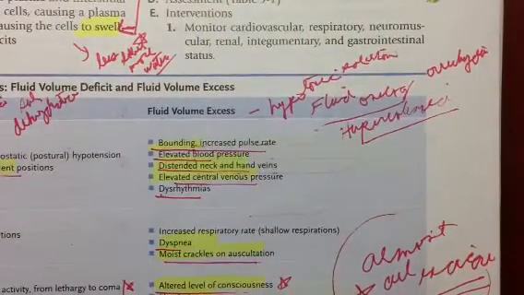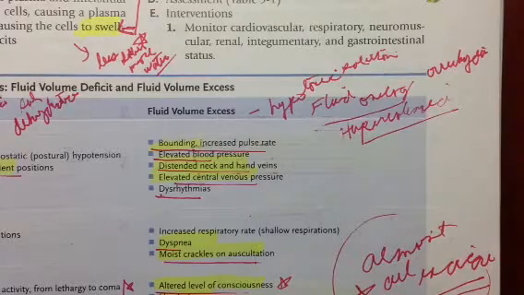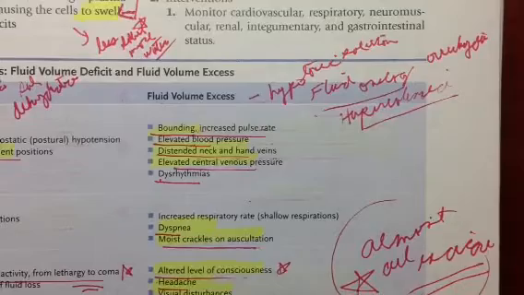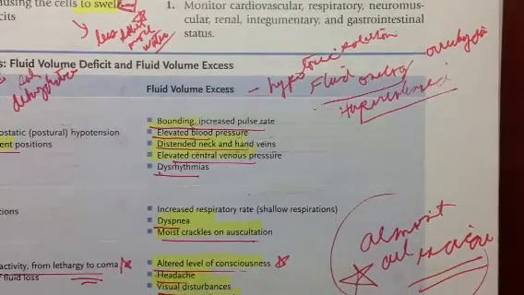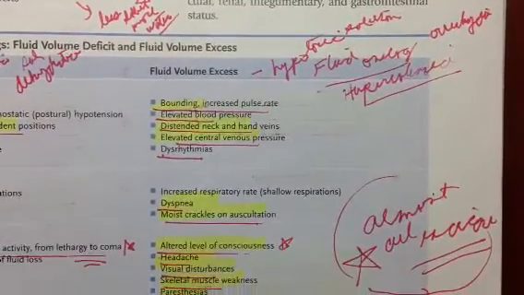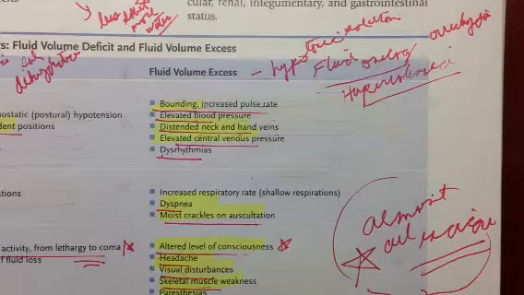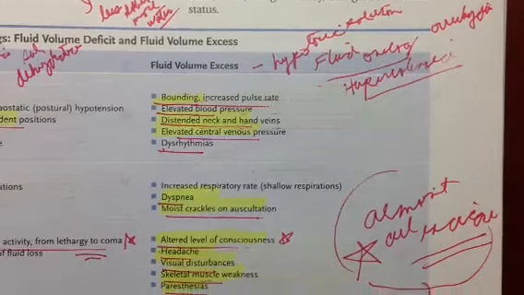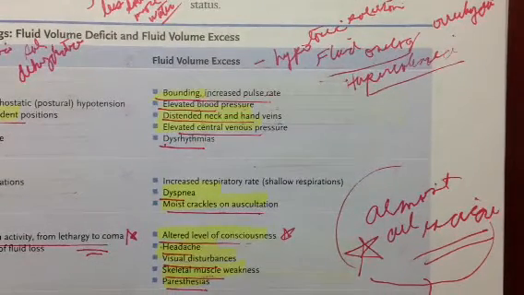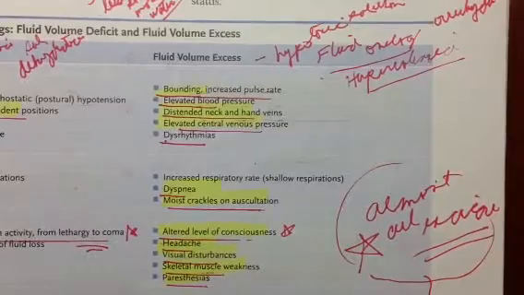In fluid volume excess, also called hypervolemia, or hypotonic solution. Fluid volume excess is also fluid overload or hypervolemia. The signs are bounding, increased pulse rate, elevated blood pressure, distended neck veins and hand veins, elevated central venous pressure, dysrhythmias.